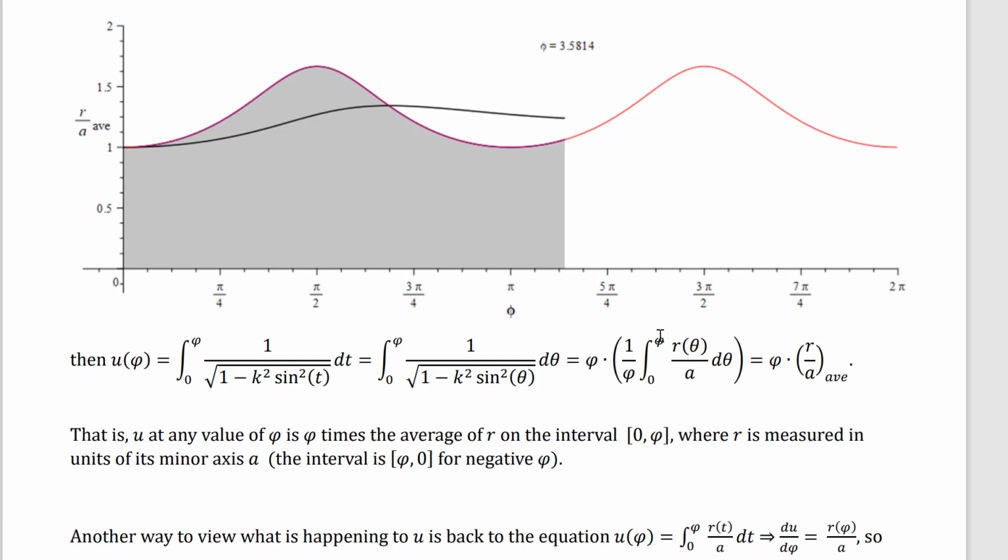Maybe to look at it more clearly here, there's a graph of r over a for when k is 0.8. There's the integrand, r over a. Or in other words, this is r in units of the minor axis a. And then the running average as phi increases is given by this curve right here.